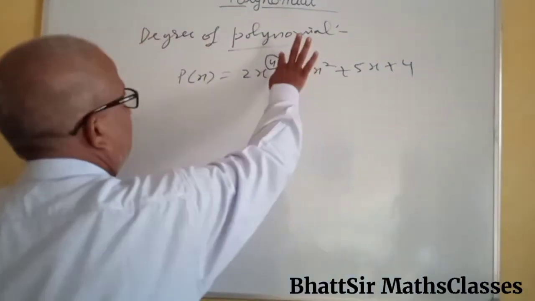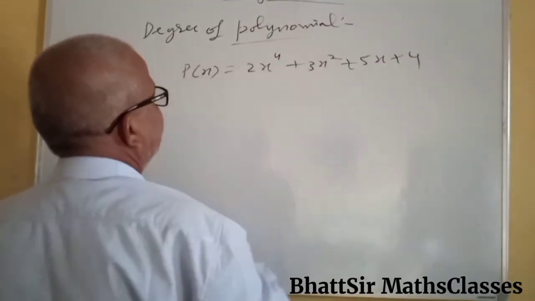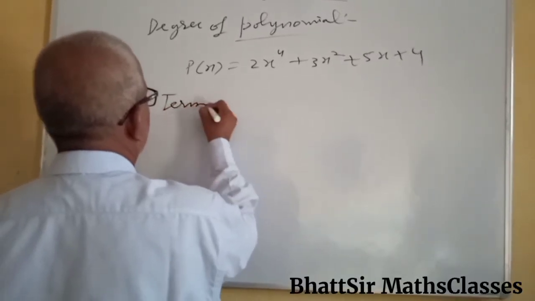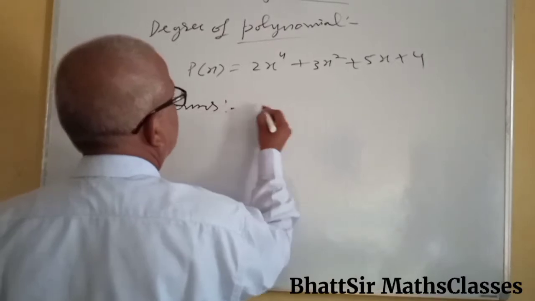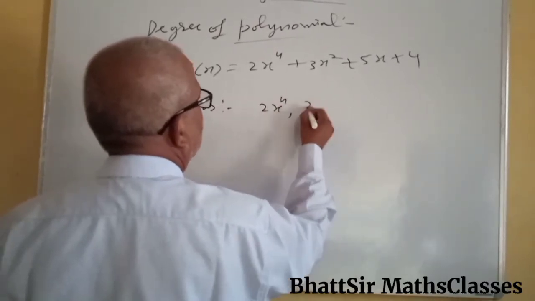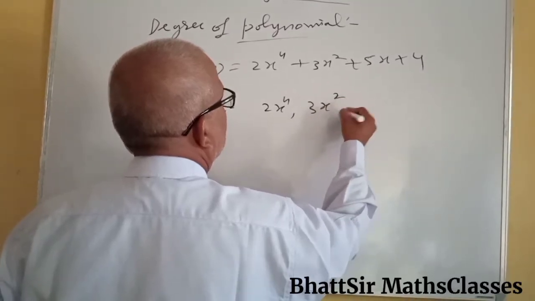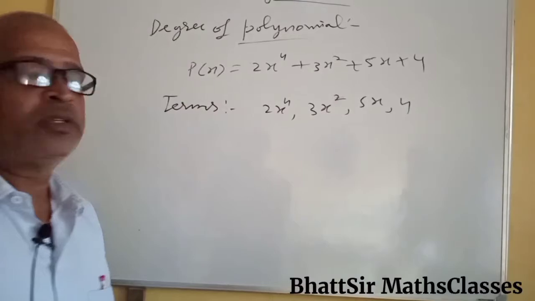This is the polynomial. So we can write the terms: 2x^4, 3x^2, 5x, 4. These are the terms.